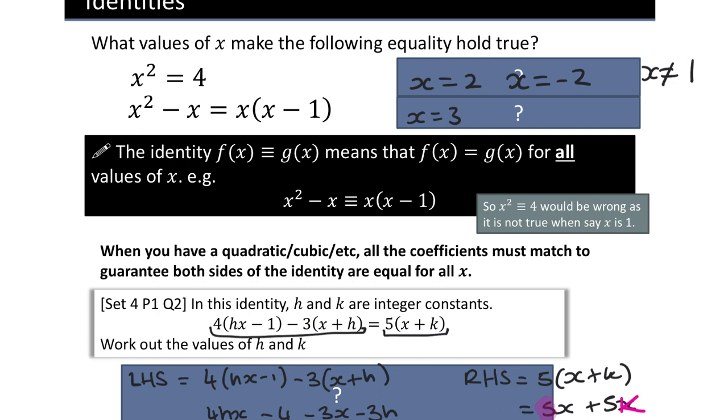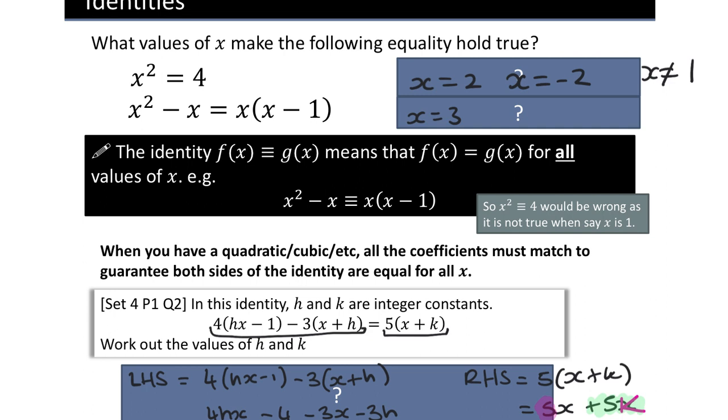Then I know that minus 3h minus 4 is going to equal plus 5k. We know that h is 2. So in actual fact, I have minus 3 lots of 2 minus 4 equals 5k. 3 times 2 is minus 6 minus 4 equals 5k.